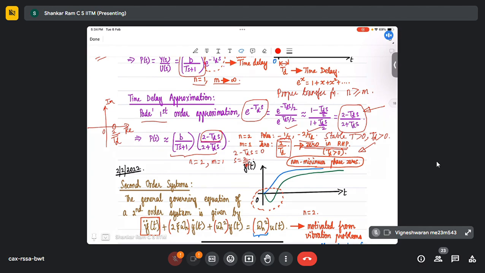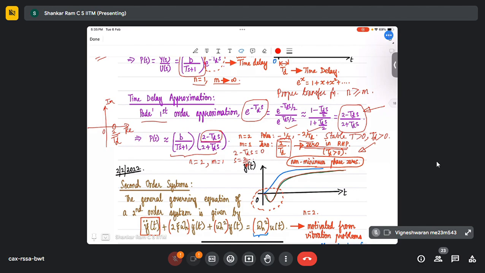Please note that system stability is linked only to the poles. But what is the impact which is brought in due to this approximation? Due to this approximation, the system response will look as if the output is going in an opposite direction and coming back to the correct direction. Okay, so that's what will happen. So what do I mean by this?